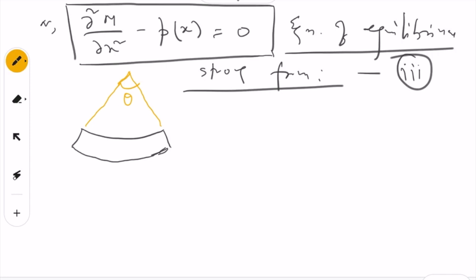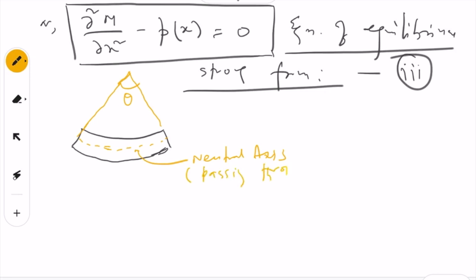So if this is the thing, let's say we are measuring from what is called the neutral axis. So neutral axis means this is neutral axis. Okay, so neutral axis passes through the centroid basically in case of pure bending.